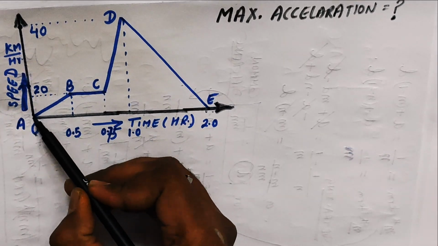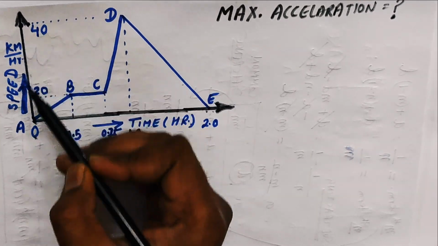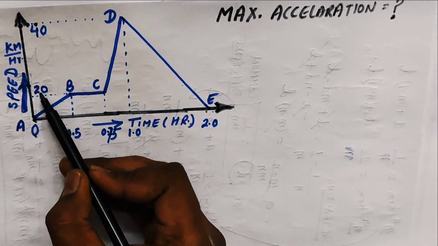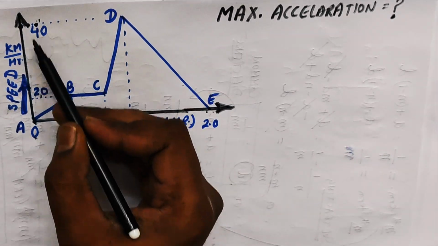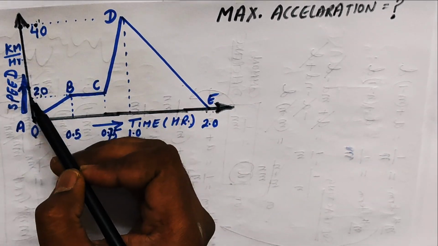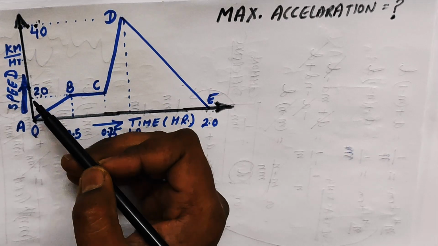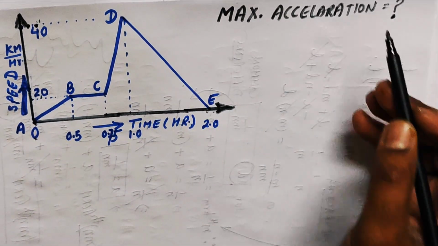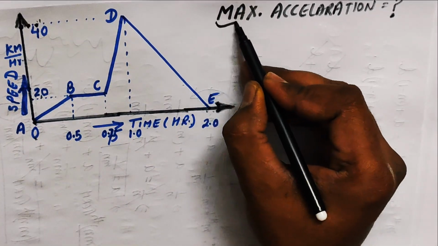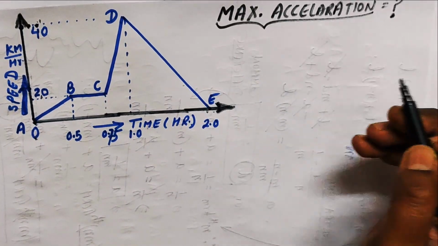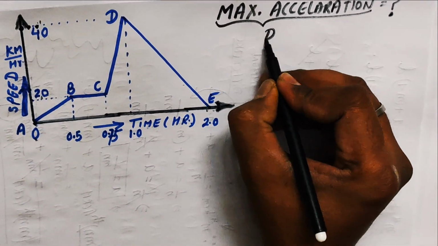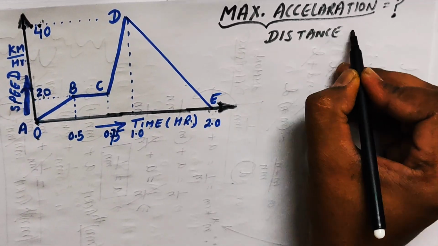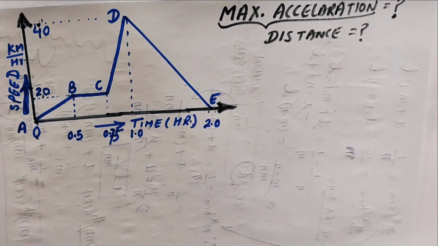You can see the maximum speed of 40, and 20 and 40 is the speed which is plotted against the y-axis. We need to find the distance covered and the maximum acceleration, and the corresponding distance which is covered by the train, that we need to find, right?